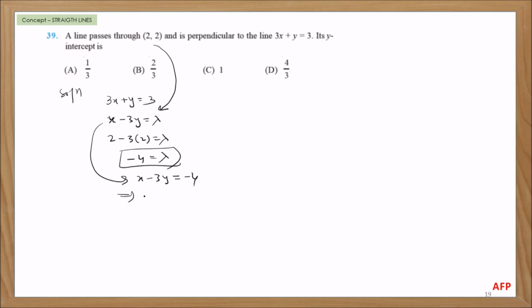So this is nothing but y is equal to x plus 4, so 1 by 3, 4 by 3. So y is equal to mx plus c, where c is the y-intercept. So c is equal to 4 by 3, which is the answer.